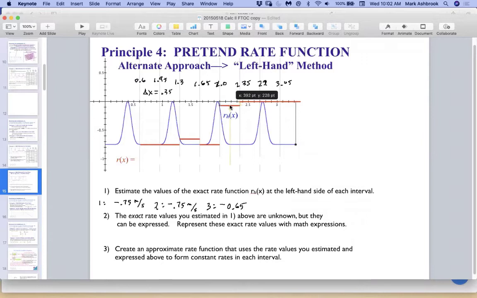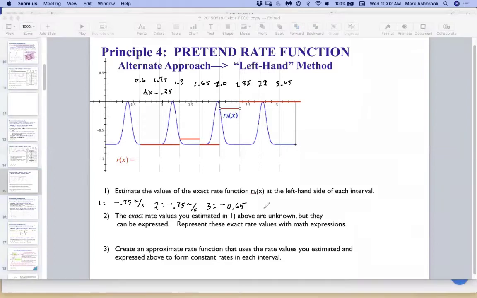Yeah, so maybe right there. How'd I do? Oh, too low. Maybe something like right there. And that is right. So I think negative 0.2 is a good estimate for that. Everyone see where I got that? So for the fourth interval, constant rate, negative 0.2.